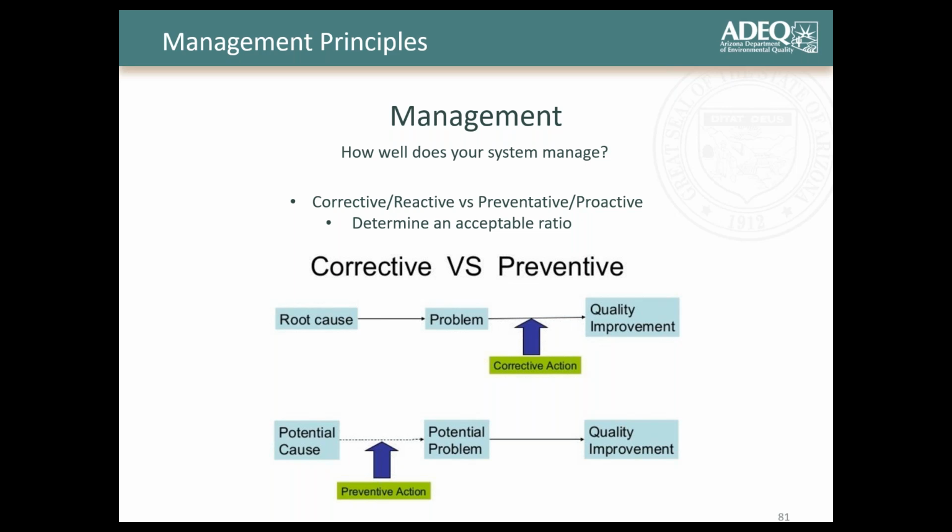Now, it's inevitable to sometimes have to correct an action after a problem. But you really know when you don't have to deal with these corrective actions as often, and you're dealing with more preventative maintenance. It's a great sign of how well you're managing your collection system.